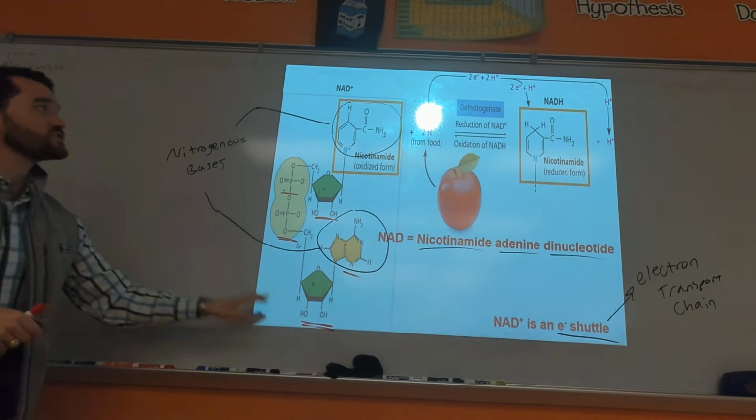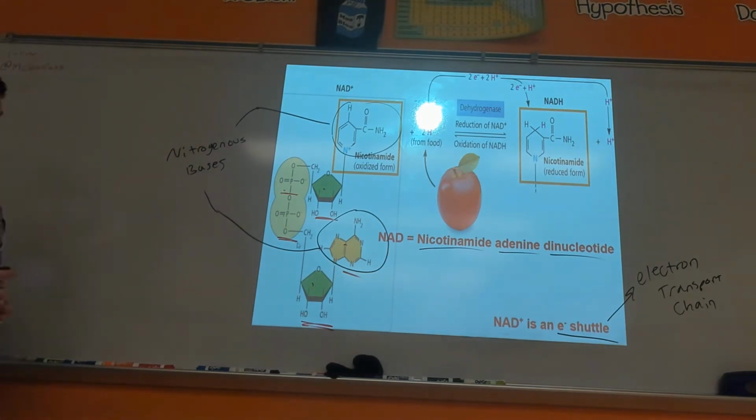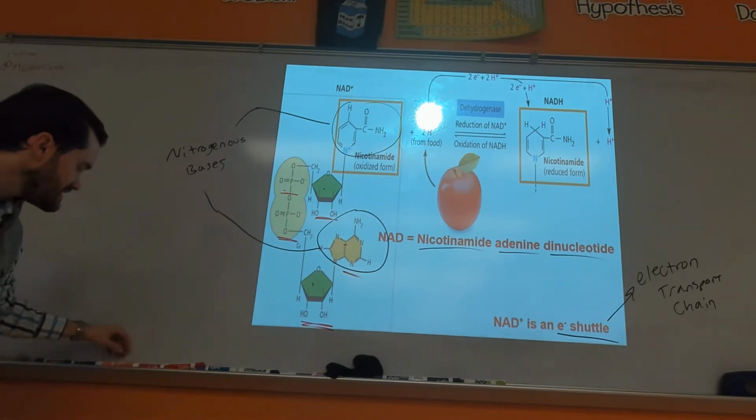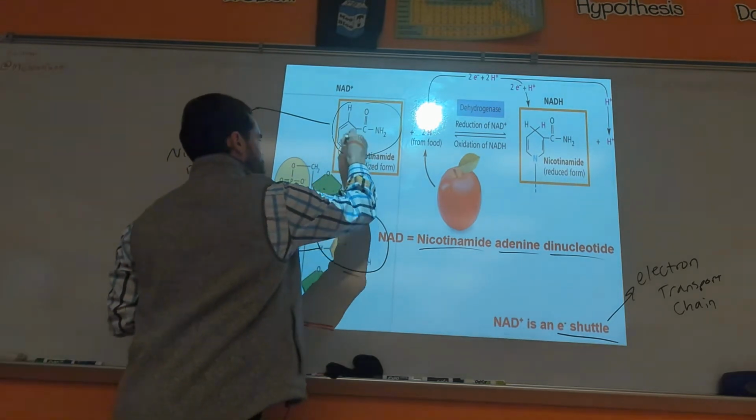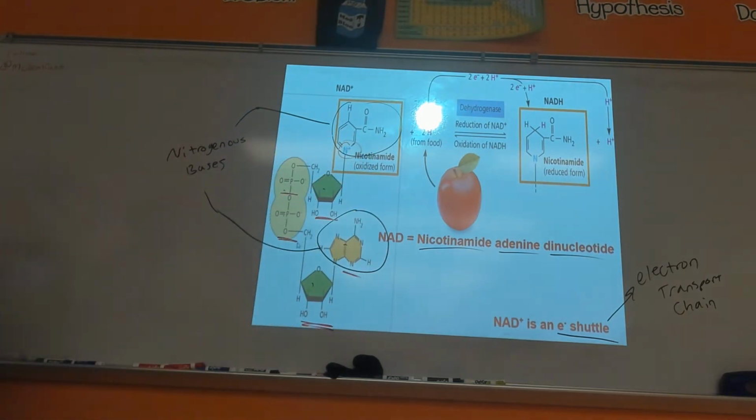Anyway, we take those electrons from glucose, and we are going to attach those electrons to this NAD+. As it's shown right here, this is NAD+. That's what they're trying to show by putting that nitrogen in blue there. So we attach those electrons to the NAD+, forming NADH.